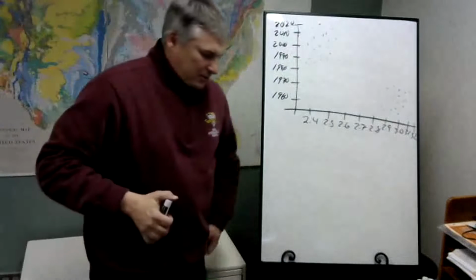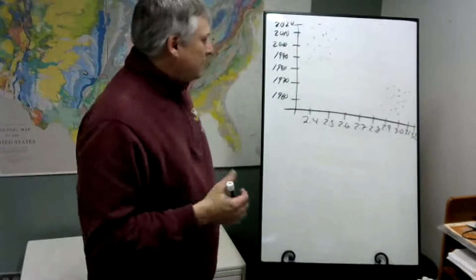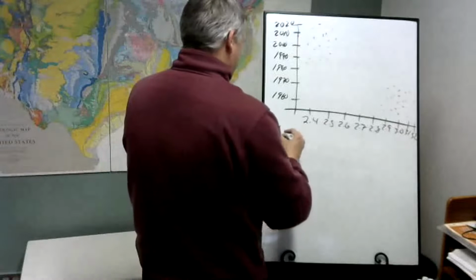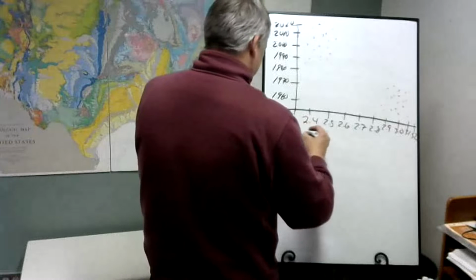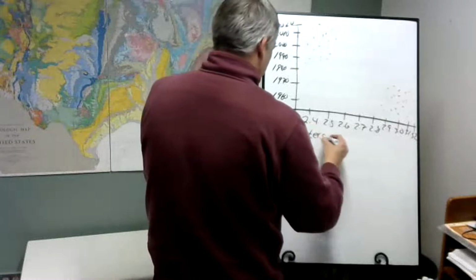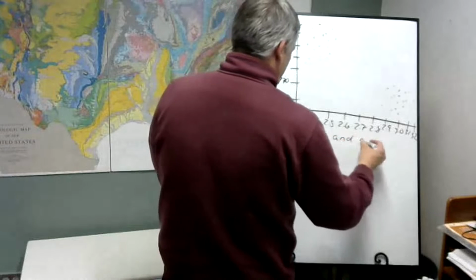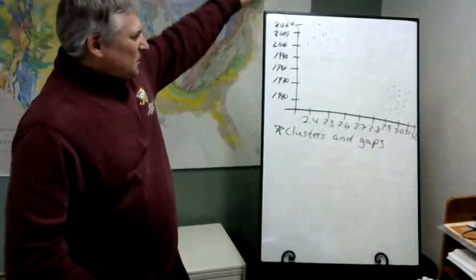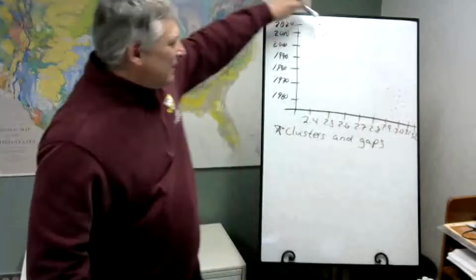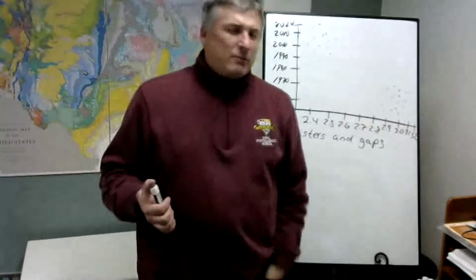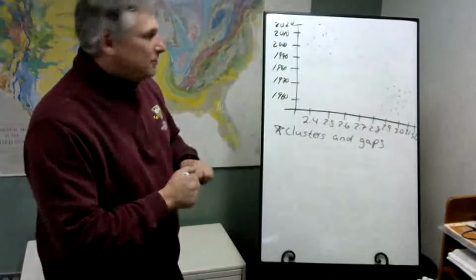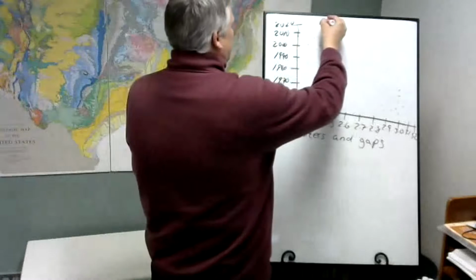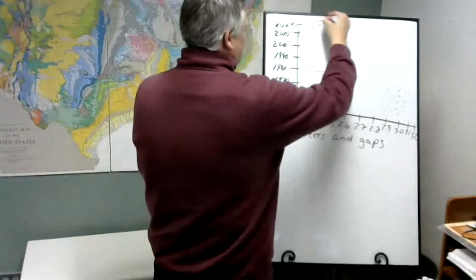Now, you might say, and again, this is for clusters and gaps, that there's sort of a line here, but we don't look at it this way. When we have a gap like this, we're going to look at what appears to be two different populations.